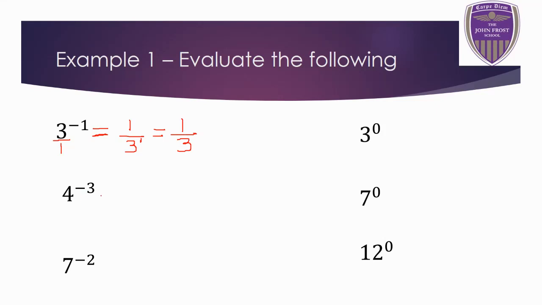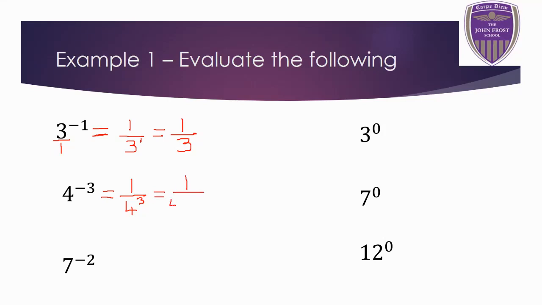For 4 to the power of minus 3, again, if we imagine 4 as being 4 over 1, to do the negative part of the indices, I flip the fraction. So I get 1 over 4. And then I apply the positive version of the power to the 4. Let's remind ourselves, how do we cube a number?